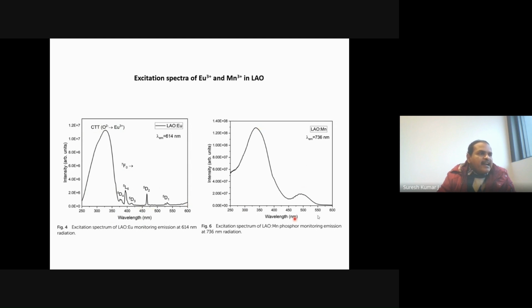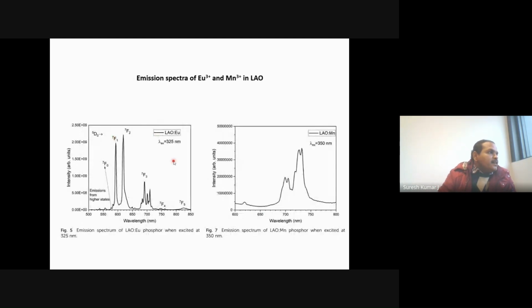And this is the manganese excitation spectrum, where we have a large band around the same region of charge transfer of oxygen to europium. This is the emission spectrum of europium and manganese separately, that means singly doped europium in LaAlO3 and manganese in LaAlO3. Sorry, it is Mn4+.